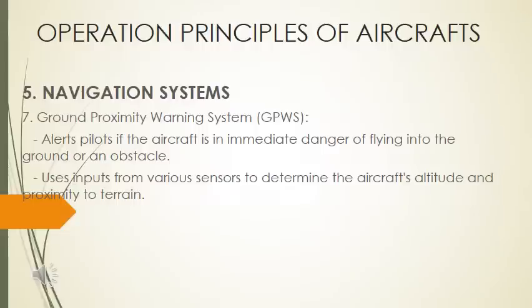So this particular system, the Ground Proximity Warning System, alerts the pilots if the aircraft is in immediate danger of flying into the ground or an obstacle, whether there is a solid body approaching the aircraft, or the aircraft is approaching a solid body such as the ground. It uses inputs from various sensors. This is how it works, using inputs from various sensors to determine the aircraft's altitude and proximity to terrain. This ensures that the aircraft does not crash. The Ground Proximity Warning System.